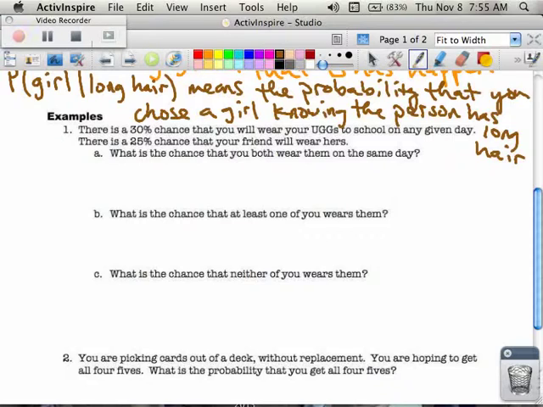If you look at what's going on, first of all, if we just talk about you, there is a 30% chance, which remember we can write as decimals, percentages, or fractions. So I'm going to write it as a decimal, 0.30, that you do wear your Uggs. And there's a 70% chance that you don't.